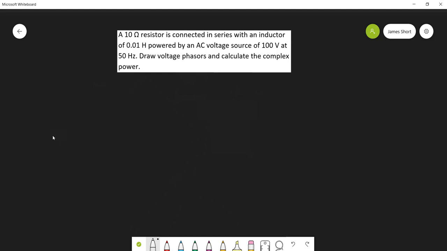So first things first, we'll draw the circuit diagram. I always like to draw the circuit diagram, it just keeps me right, even if it is a simple series circuit like this.